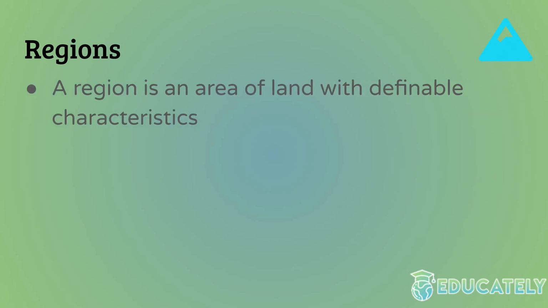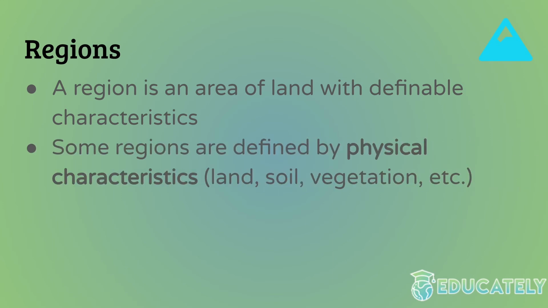And last but not least, we have regions. A region is an area of land with definable characteristics. In this course, we talk about them in two different ways. First, you might define regions with physical characteristics, so things based on land, soil, and vegetation. And we talk about that in earlier parts of our course, basically just natural distinctions between different places.